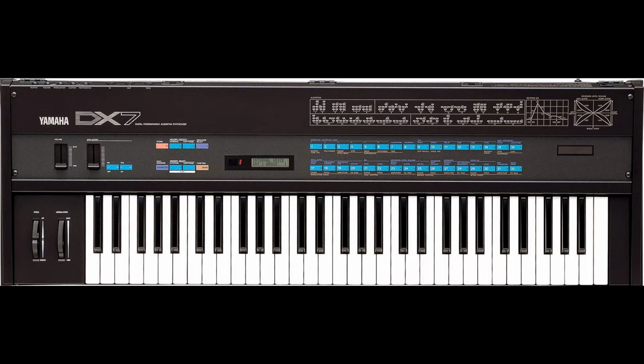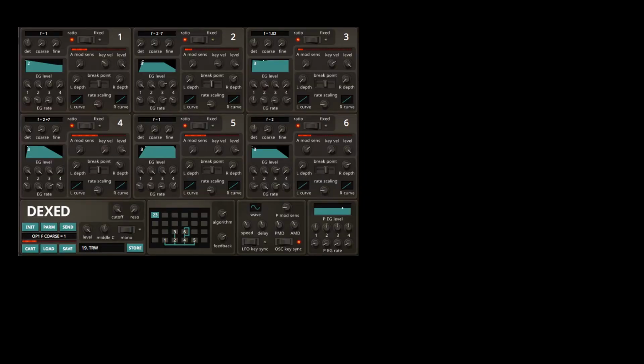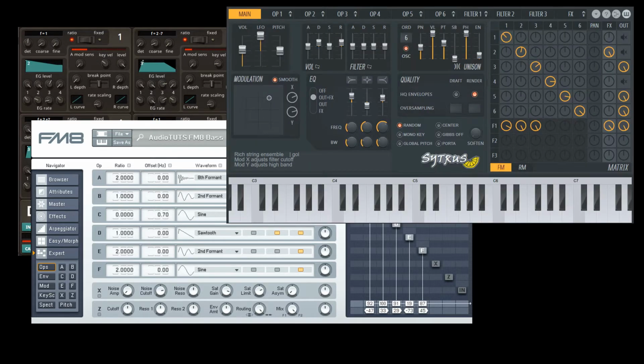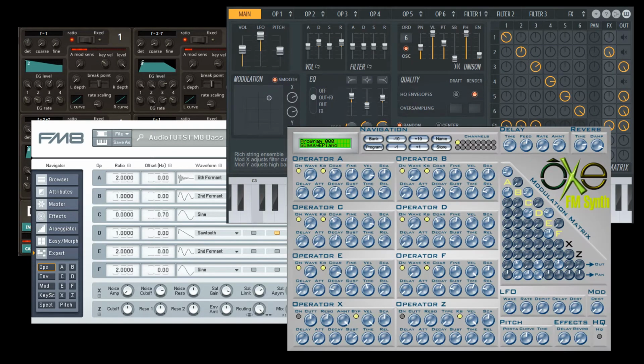The fact that it was digital is quite important here, as proper FM synthesis is only possible in the digital domain. There are many plugins which employ this technique, for instance Dexed, which is basically an emulation of the DX7, but also some more adventurous designs such as Native Instruments FM8 and ImageLine Harmor, and many others, of course.